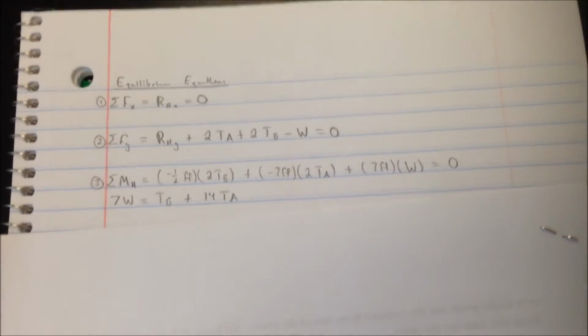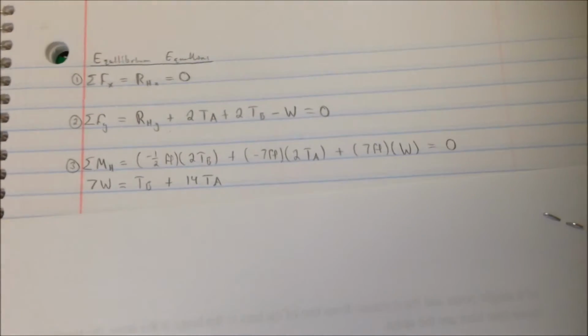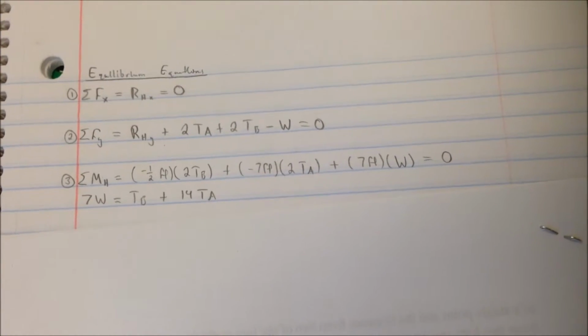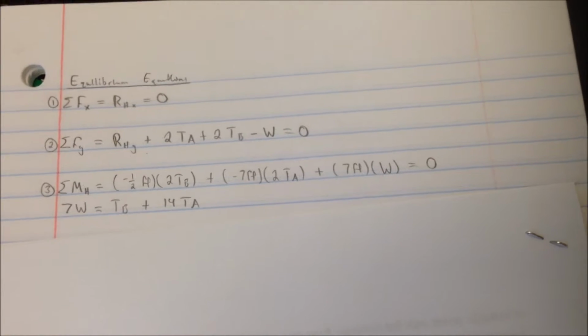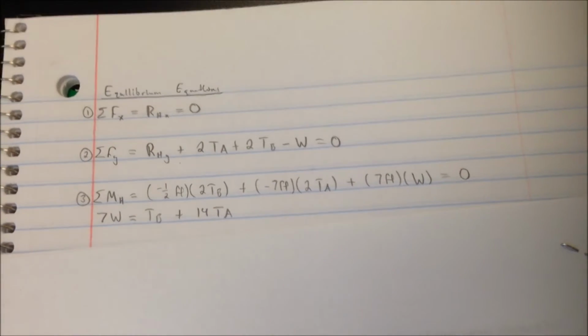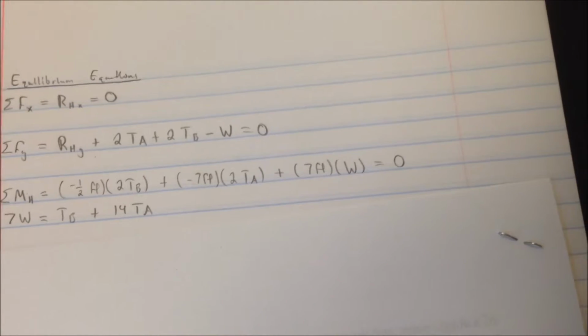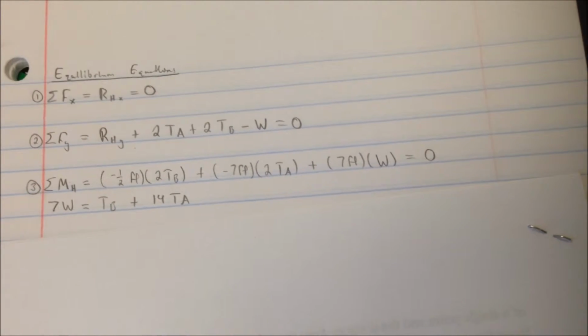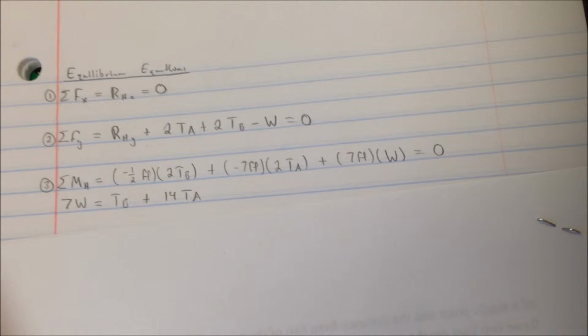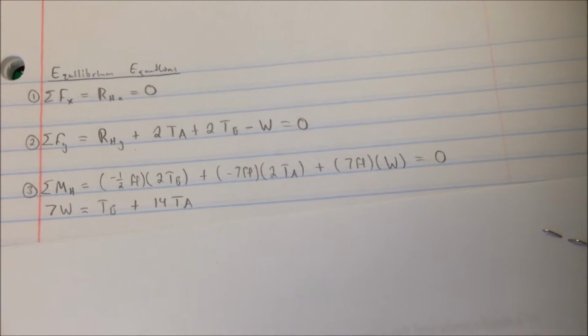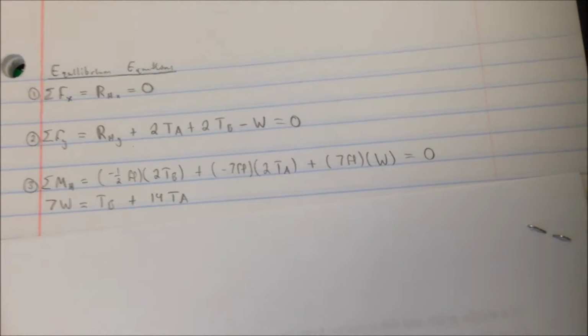Since two of the bars are half a foot from the hinge, in the negative x direction, it's negative a half times 2TB. Then the other 2 bars are 7 feet from the hinge in the negative x direction, which is 7 feet times 2TA.